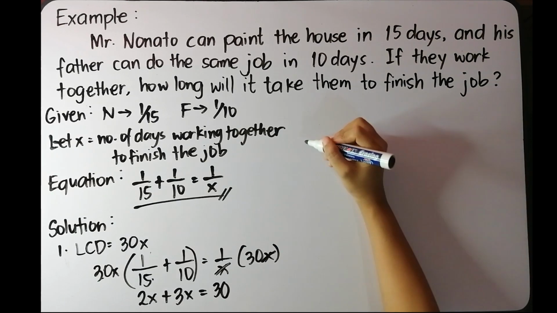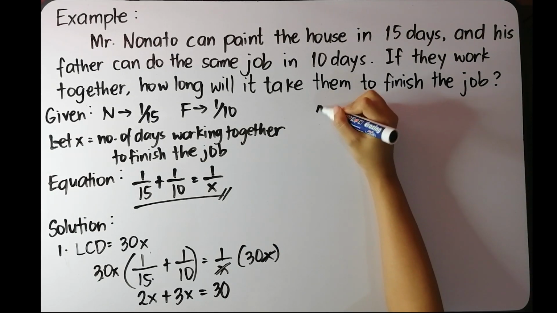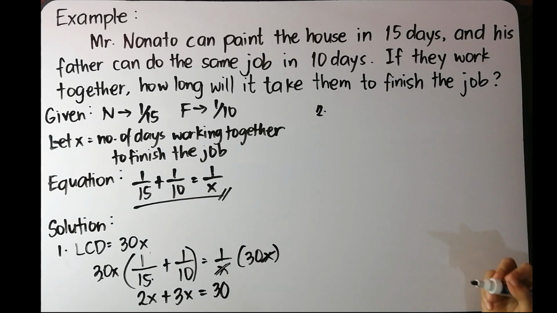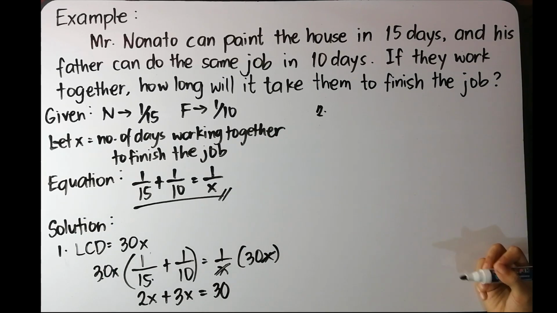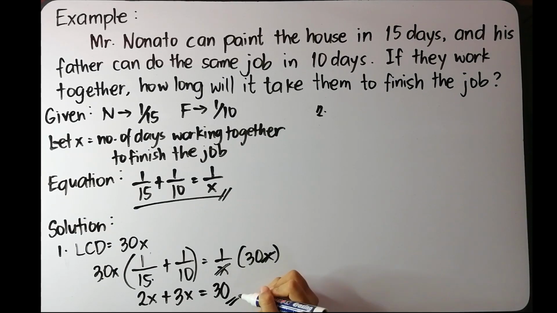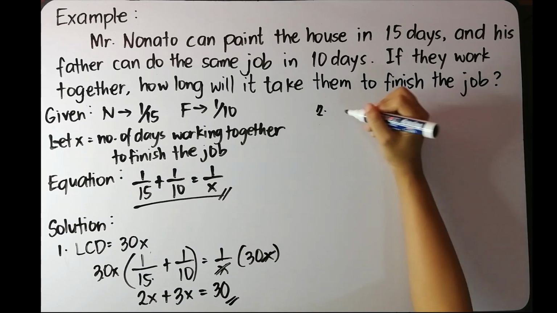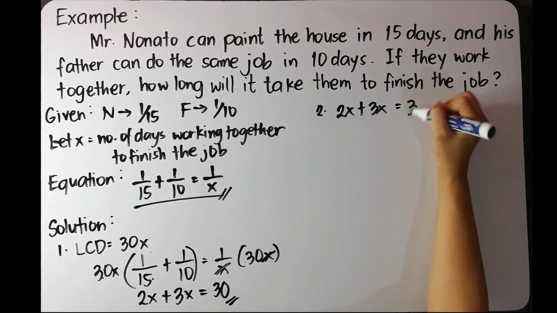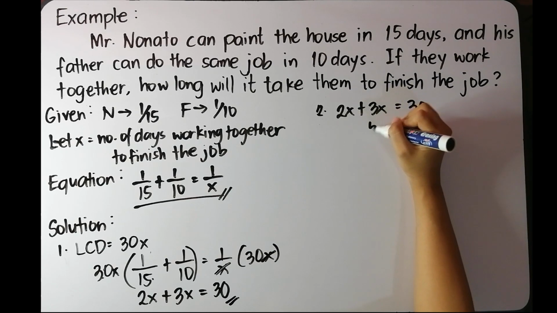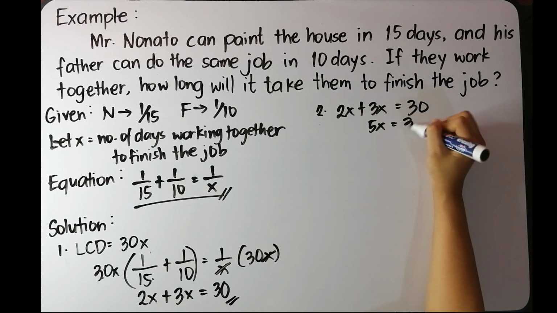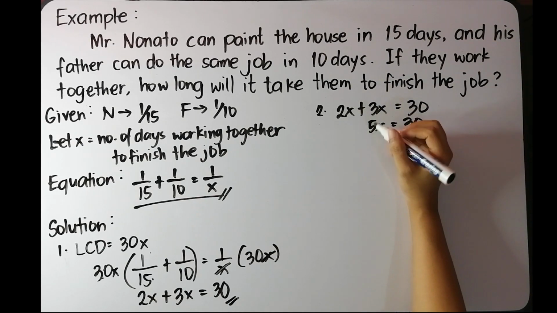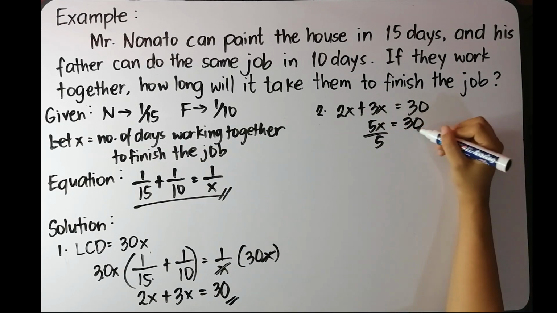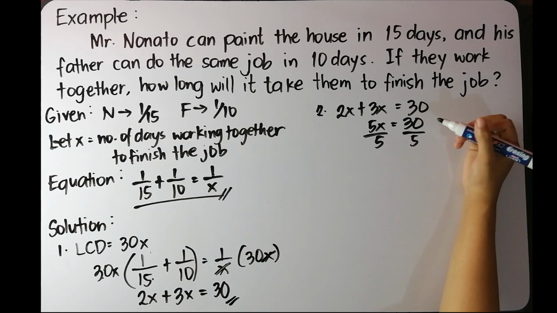Now, the second part of our solving is, let us simplify this one. So 2x plus 3x equals 30. So 2x plus 3x is 5x equals 30. To remove the value 5 here, let us divide both sides of the equation by 5.